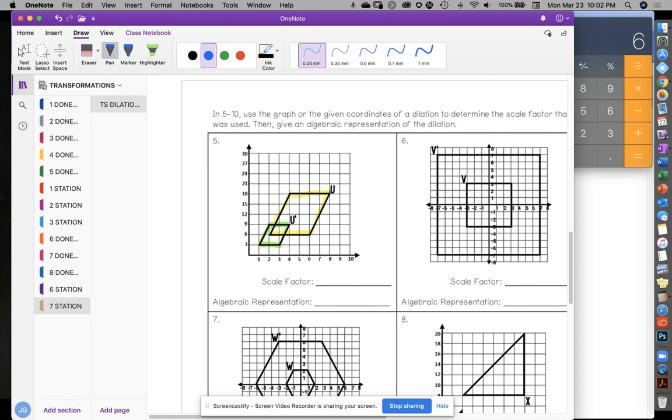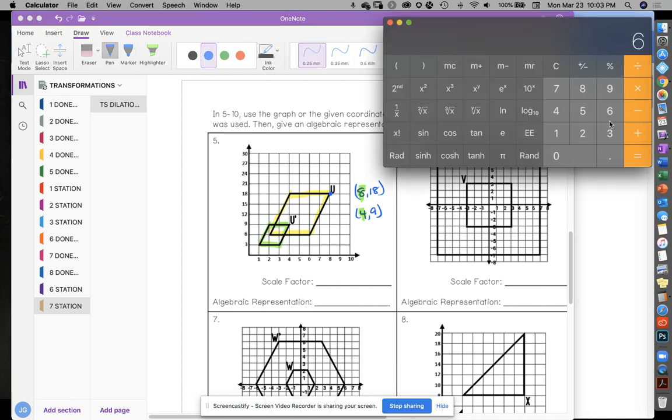So this one here went from 8, 18, and then I went to 4, 9. So what happened to the 8 to get a 4? You could divide those, or what you could do is just grab your calculator and do 4 divided by 8, which is going to be 0.5.